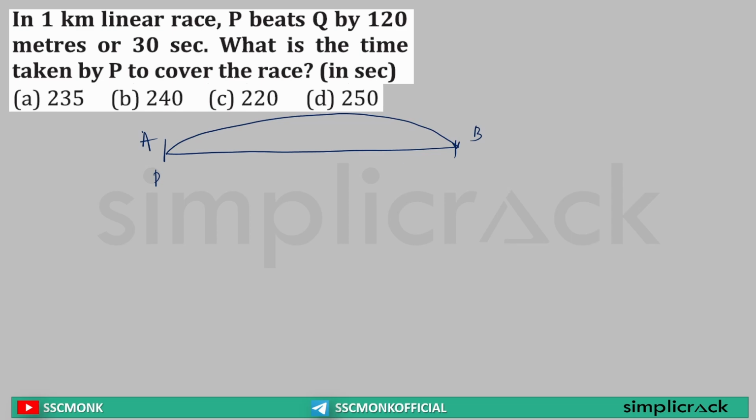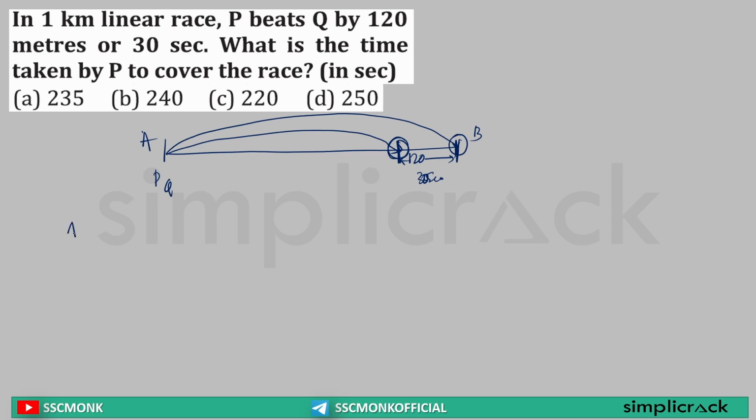What I am saying is P starts from here and reaches, and Q is 120 meters behind the point P, because in the same time P is reaching here and it is beating Q by 120 meters or 30 seconds.